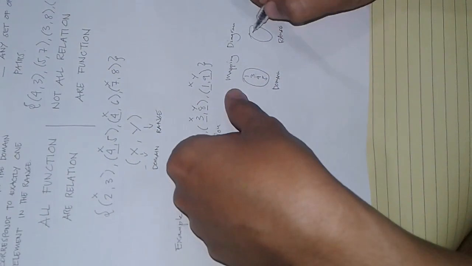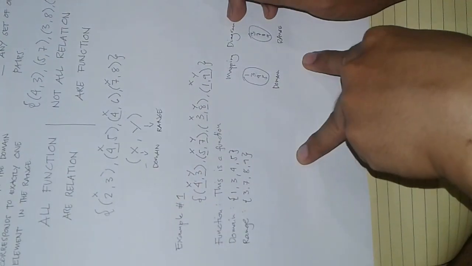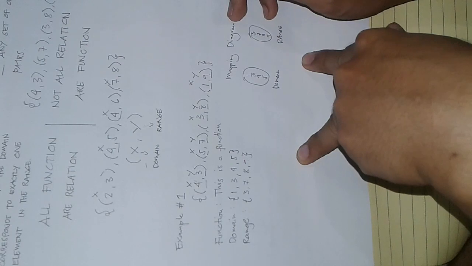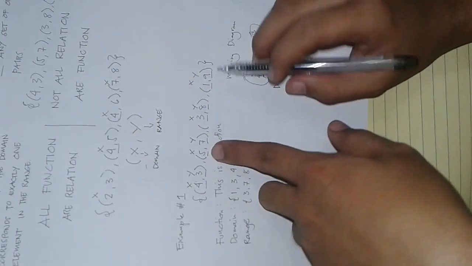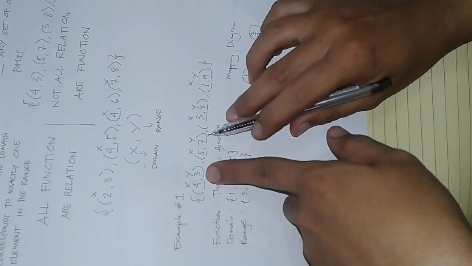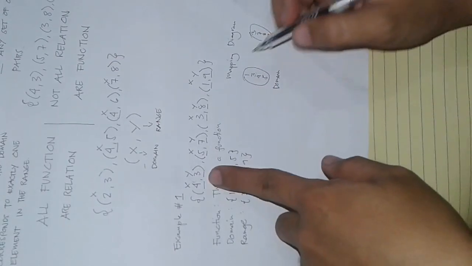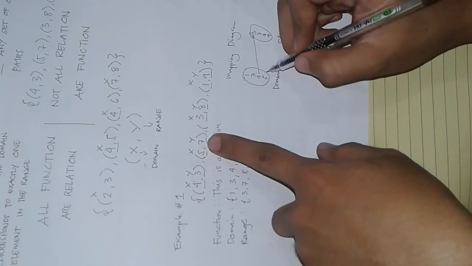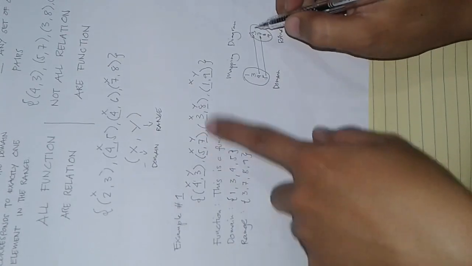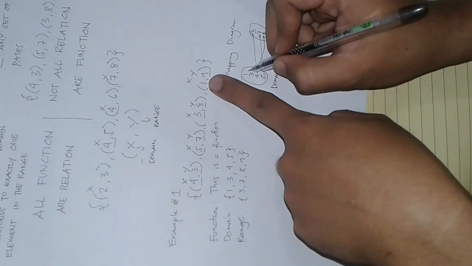The range should be 3, 7, 8, and 9. And then, we're just going to draw arrows pointing from the domain to the range. So we will use this relation to plot our mapping diagram. 4 and 3, 5 and 7, 3 and 8, 1 and 9.